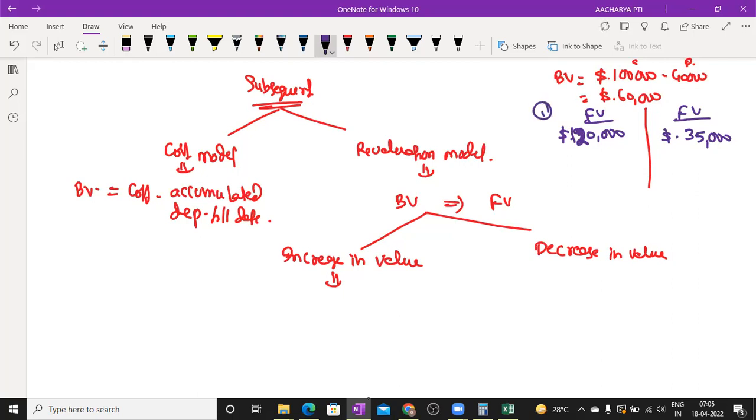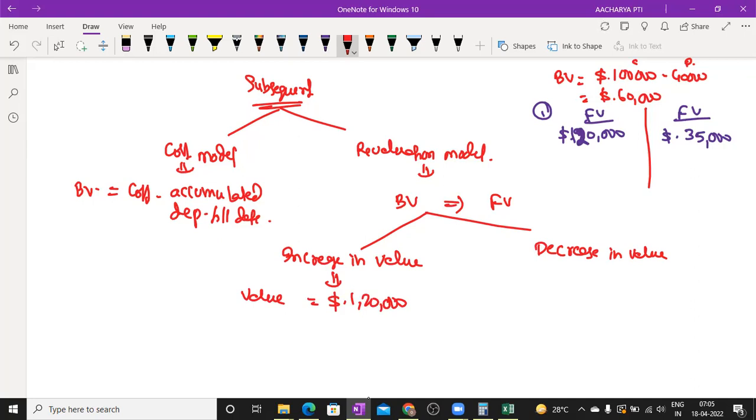In the first scenario, the book value is 60,000 but the fair value is 1,20,000, so we consider the value of the asset as 1,20,000. How much increase is there? 60,000 increase.